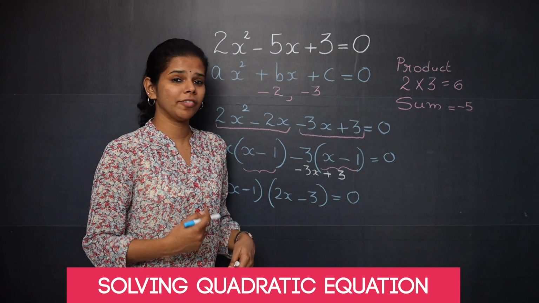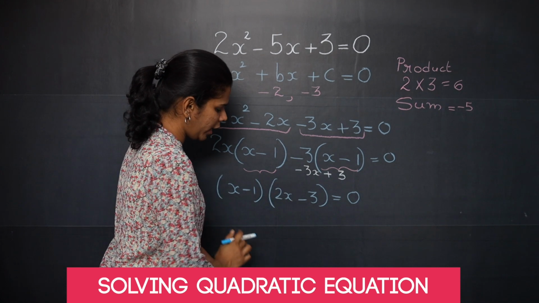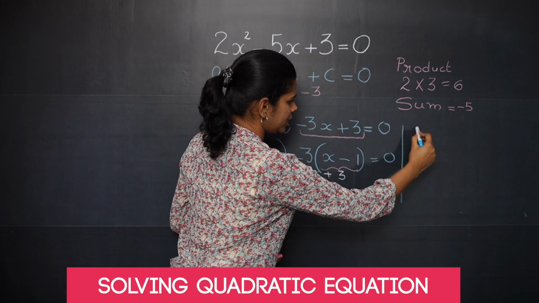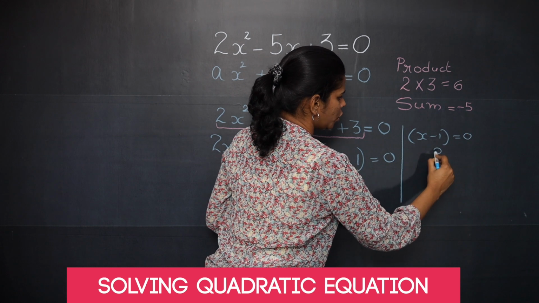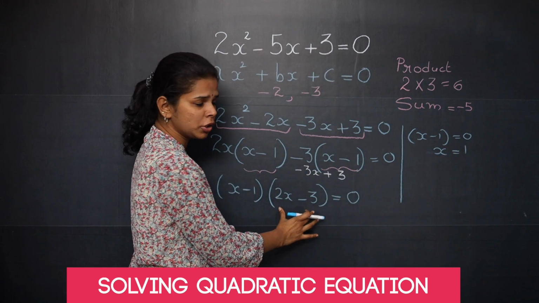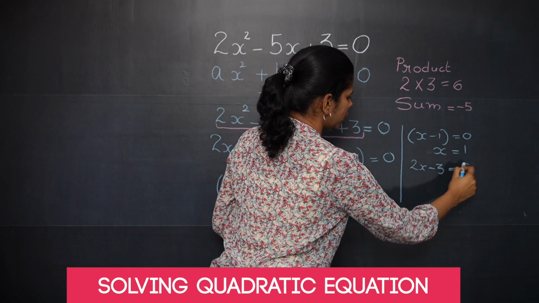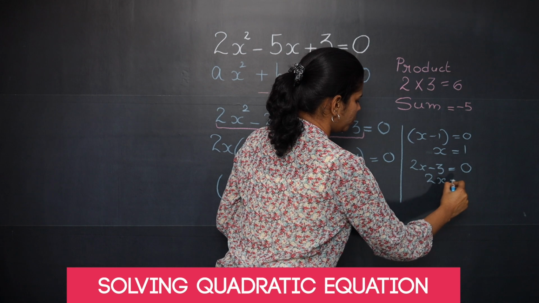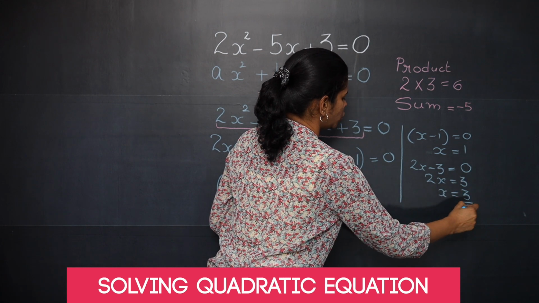Means how will you find the value of x? First thing is that you will equate x minus 1 equal to 0. So here you will get x equal to 1. Then you will equate 2x minus 3 equal to 0. That is 2x is equal to positive 3 and x is equal to 3 by 2.